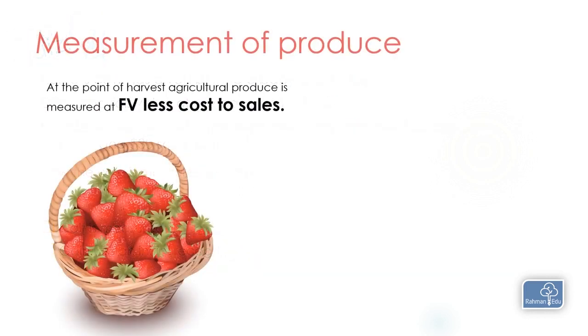So we have talked about agricultural produce a lot. Now let's check how to measure agricultural produce. At the point of harvest, agricultural produce is measured at fair value less cost to sell. And any gain or loss on initial recognition is presented in profit or loss, like a biological asset.